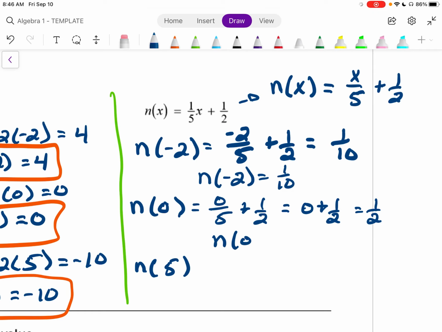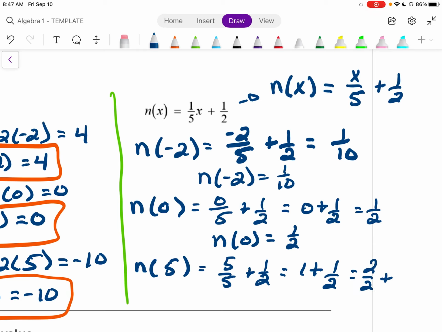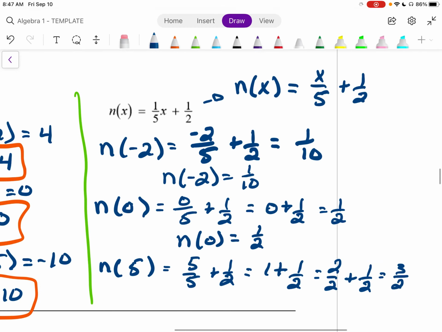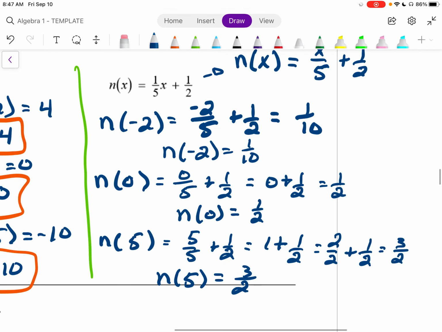So n of 0 is 1/2. Next up for 5, I'm going to have 5 over 5 plus 1/2. Well, 5 over 5 is 1, so 1 plus 1/2. If I were to get common denominators here, this would be 2 over 2 plus 1 over 2, so this would be 3/2. So n of 5 equals 3/2. All right, so circling my answers.